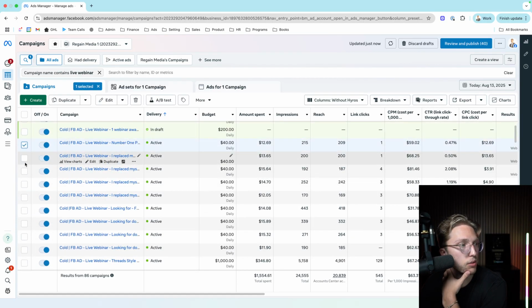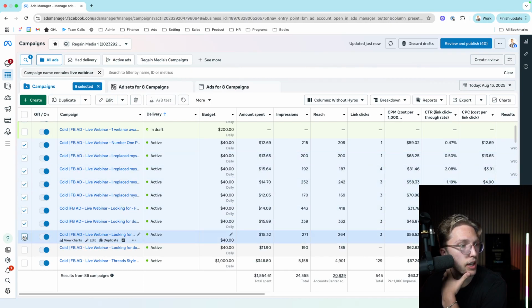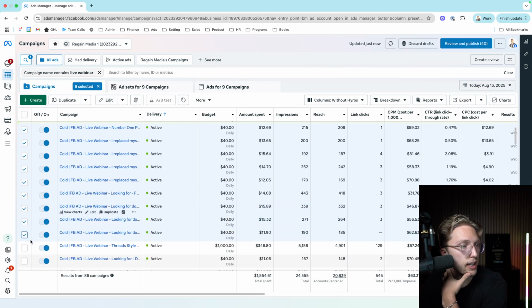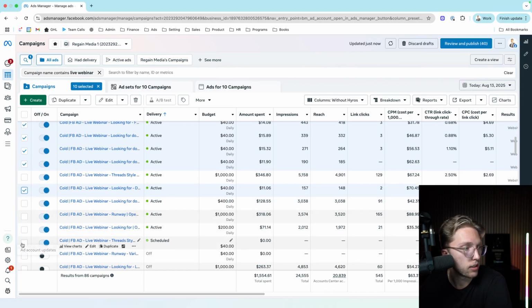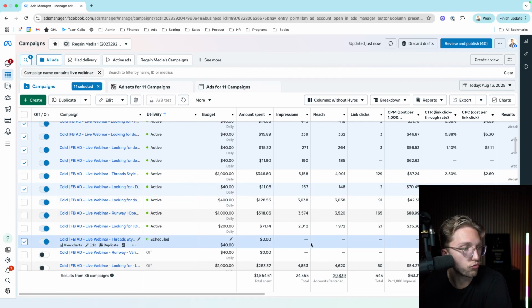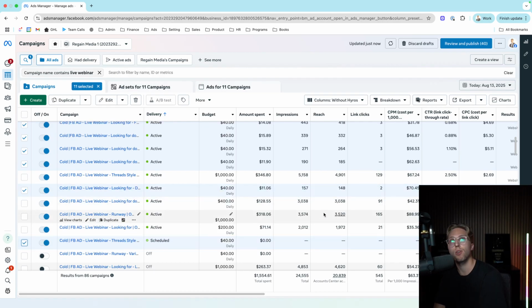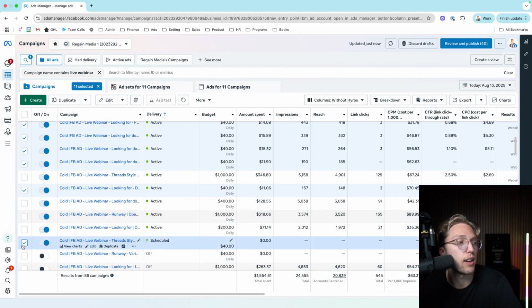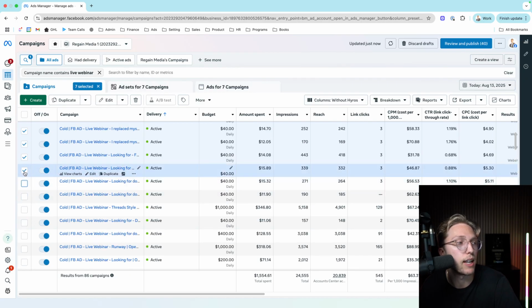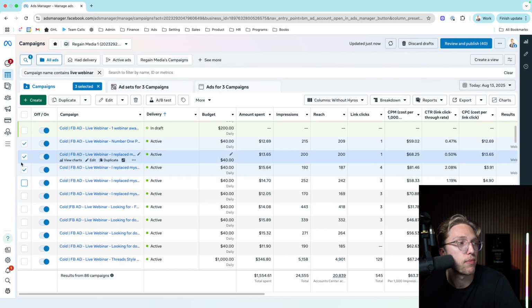How many 40 bucks do we have? 1, 2, 3, 4, 5, 6, 7, 8, 9, 10, 11. Okay. So say $4 grand. But again, $400 of those is kind of unsure because they're all the $40 ones. Most of them will be cut out by the end of the day or tomorrow.